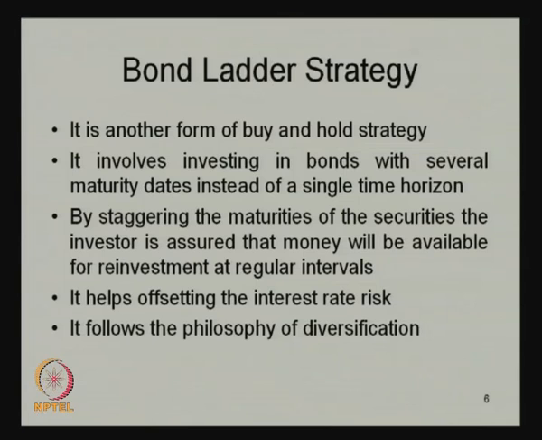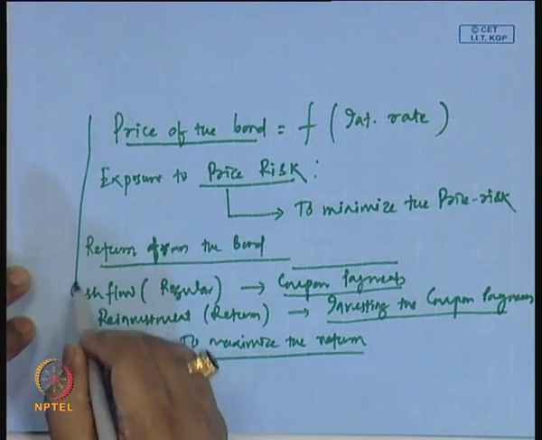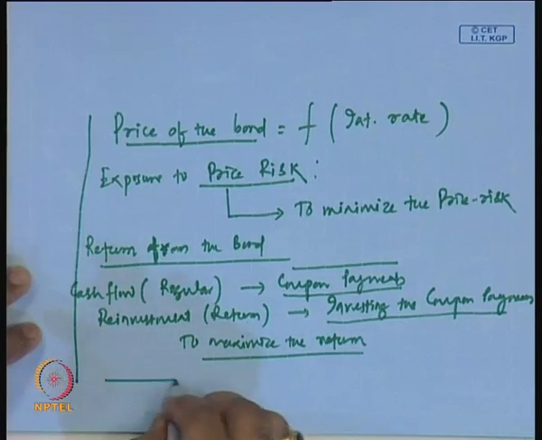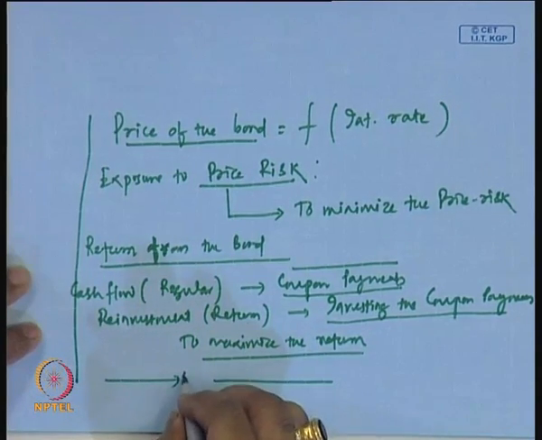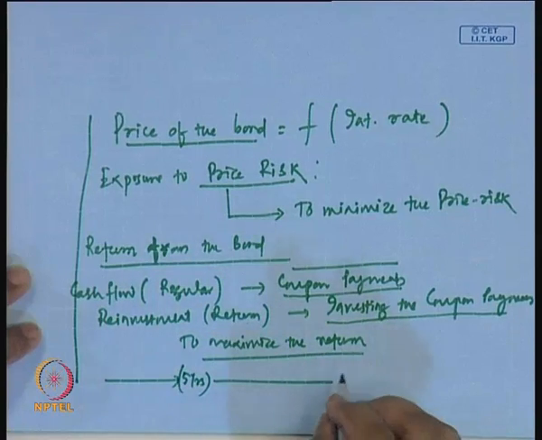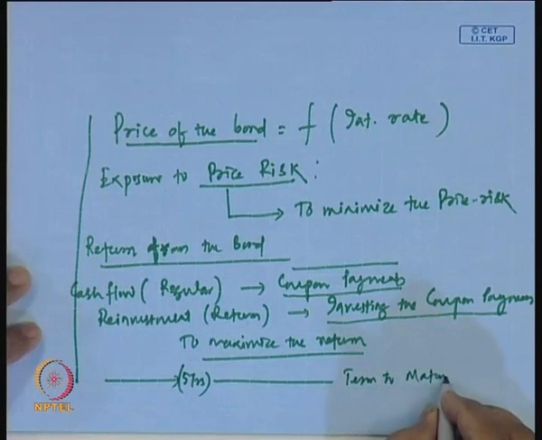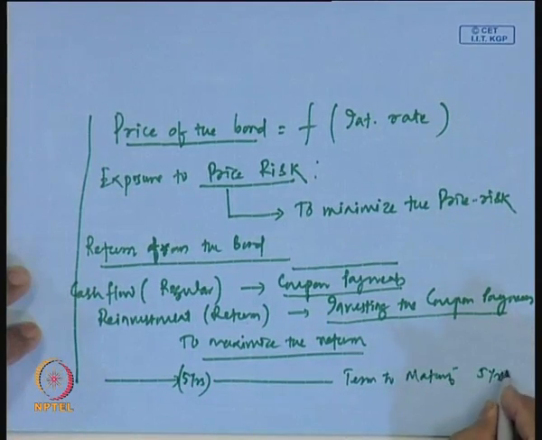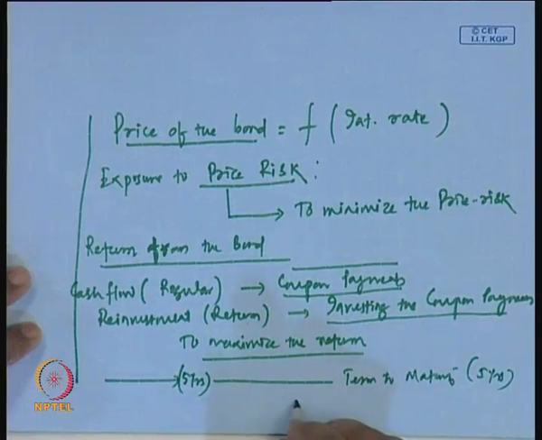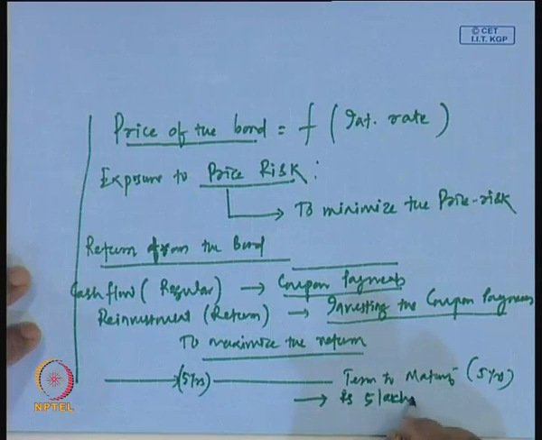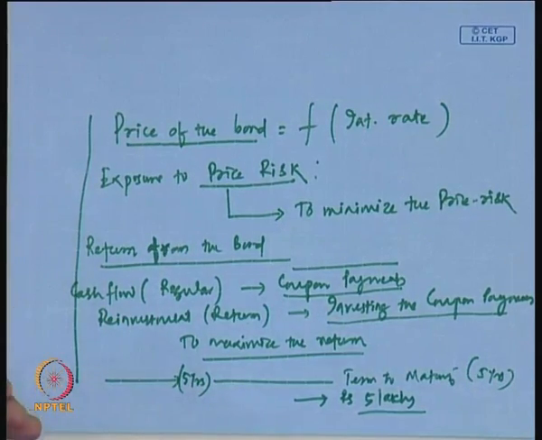Here, what we have seen is that the investor should hold a bond. If their investment horizon period is 5 years, then he should hold a bond where the term to maturity is 5 years. And after 5 years, he is expecting to get a return of 5 lakhs.